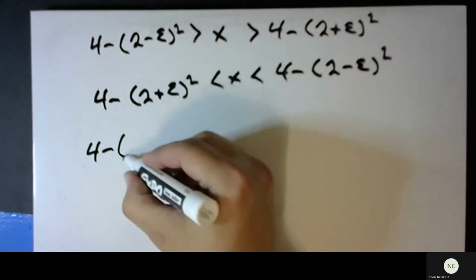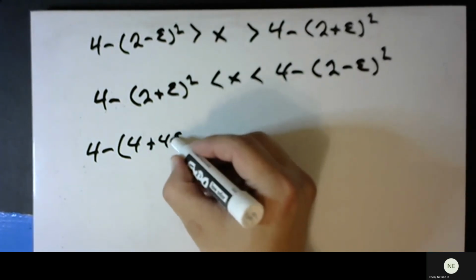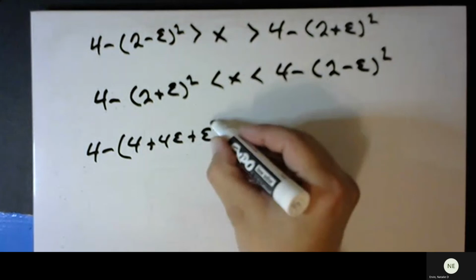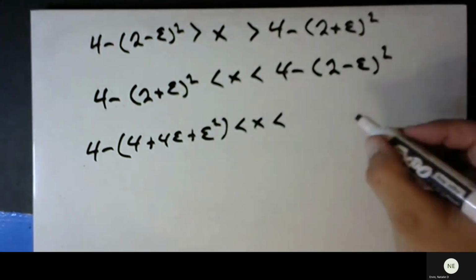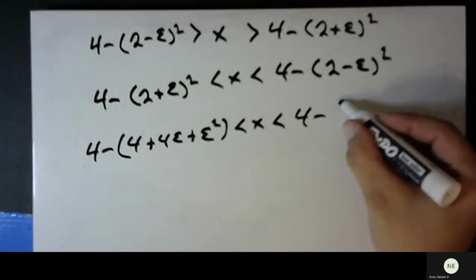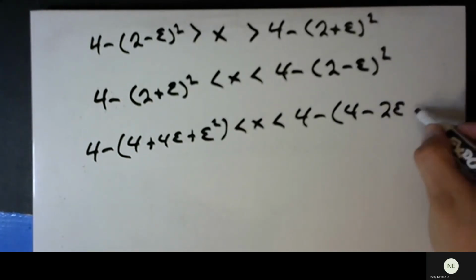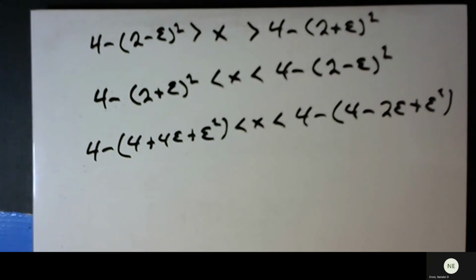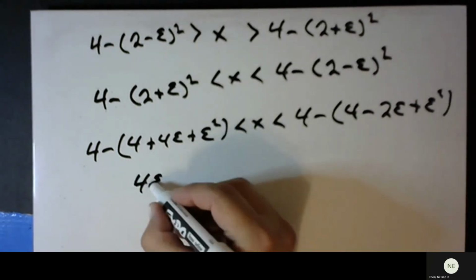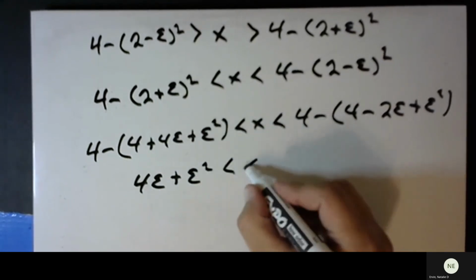So 4 minus 4 plus 4 epsilon plus epsilon squared. And this would be 4 minus 4 minus 2 epsilon plus epsilon squared. So we get 4 epsilon plus epsilon squared.